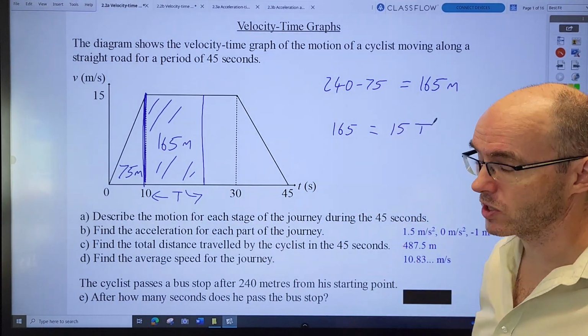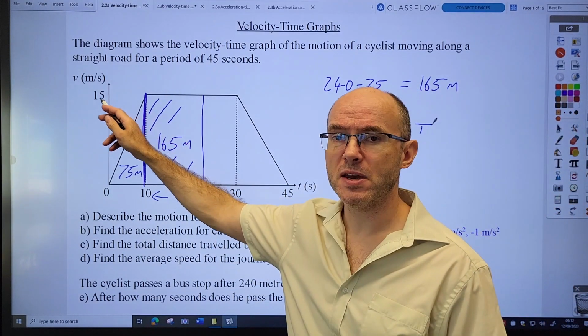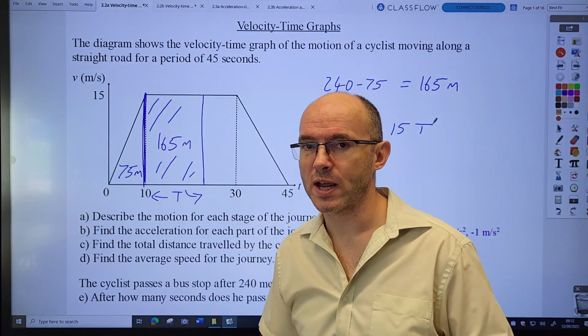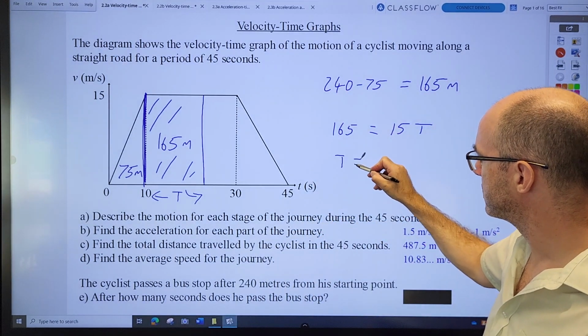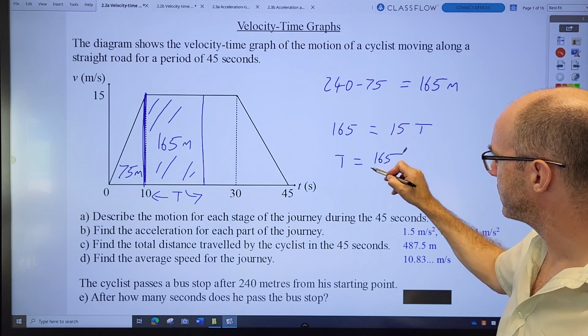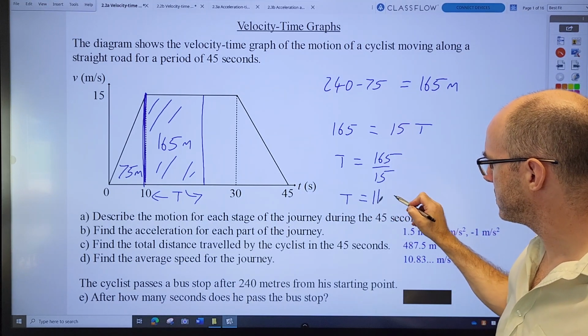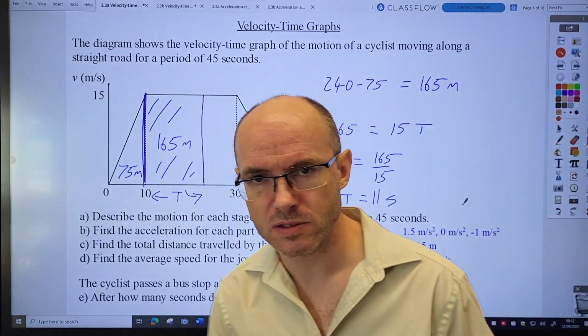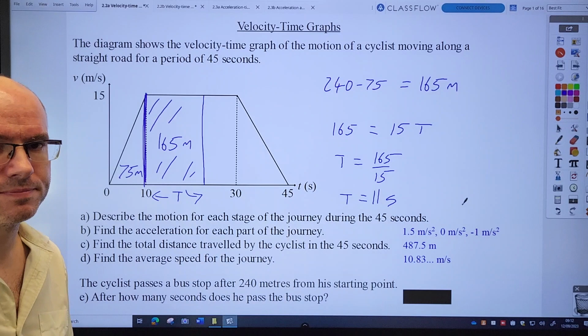Or alternatively, you can look at it this way: 165 metres at 15 metres per second. So to work out the time taken, do 165 divided by 15, that's just 11. So it'll take the cyclist 11 seconds to pass the bus stop after they reach their maximum velocity.